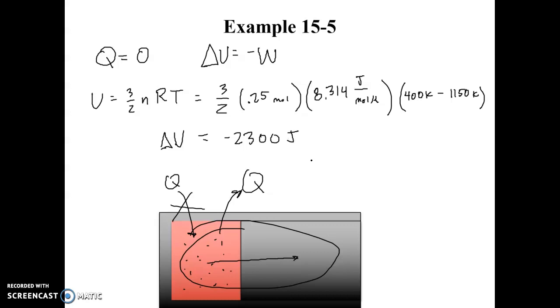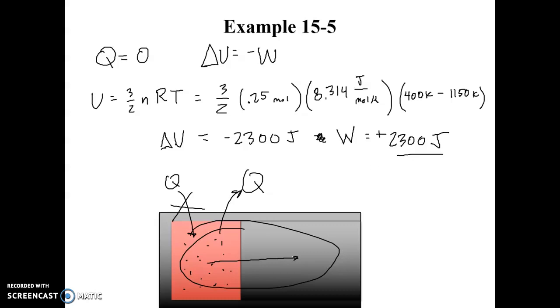That's how much energy we had, and so that's how much work is being done. Actually, the work is just equal to the negative of that, so it would be positive 2300 joules worth of work. And work and energy have the same units because energy is the ability to do work.